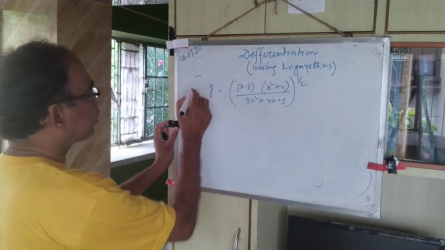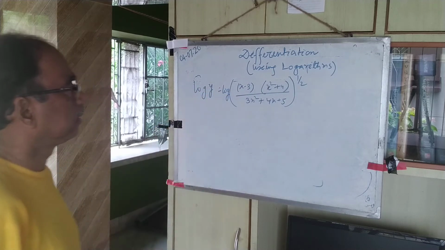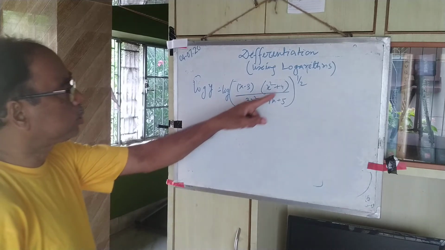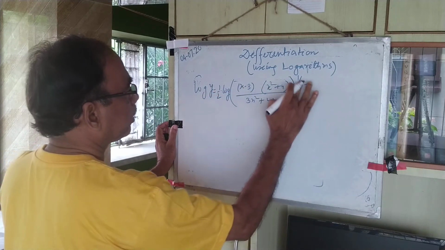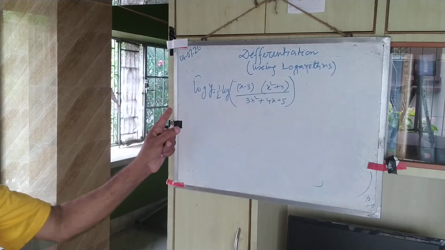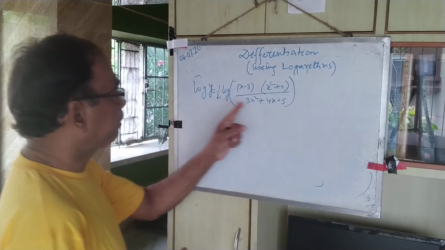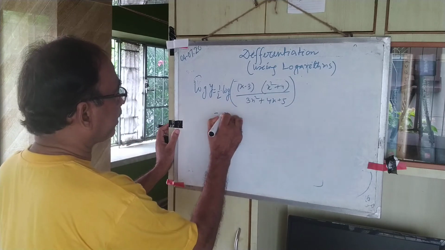Now taking log on both sides, log of this equals log of this. When log of this to the power half, the power will come first. Now we can differentiate both sides with respect to x. First of all, before differentiating, you break it.